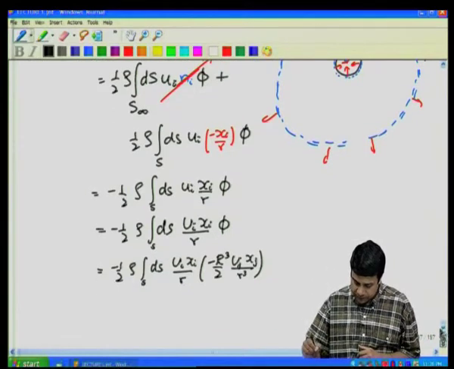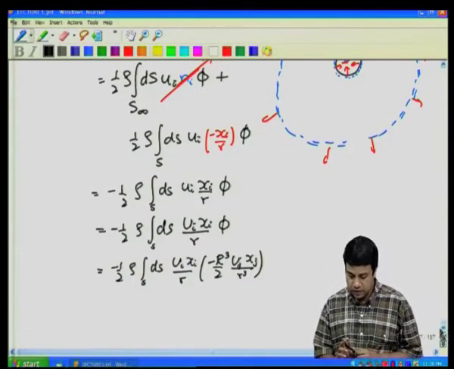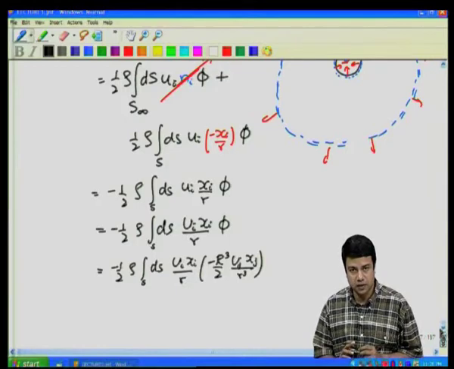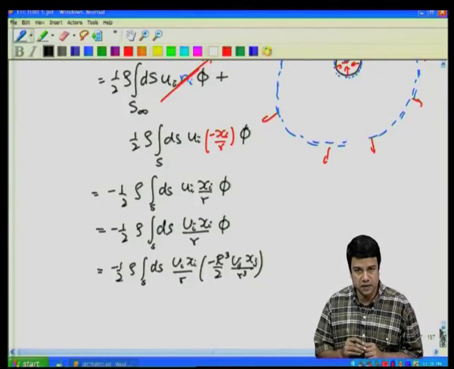And this is taken at the value where capital R is equal to small r, because the surface of the sphere is at the location where capital R is equal to small r.